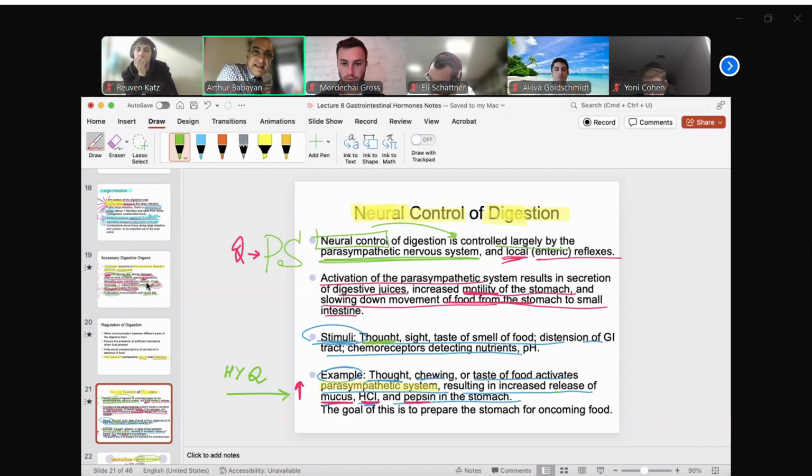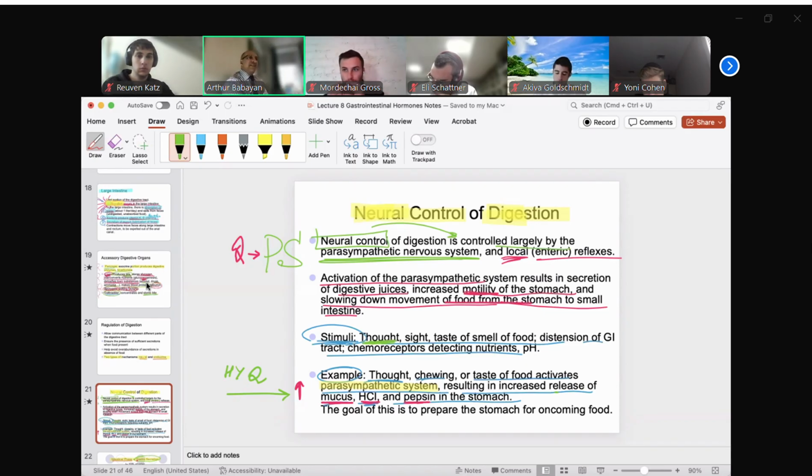How is that going to happen? Activating the parasympathetic nervous system increases motility in the stomach and slows down movement from the stomach to the small intestine.